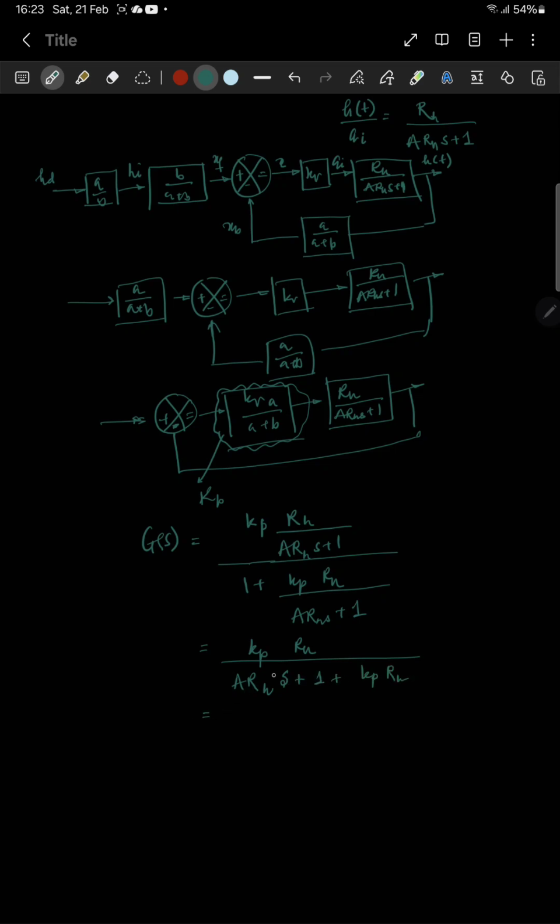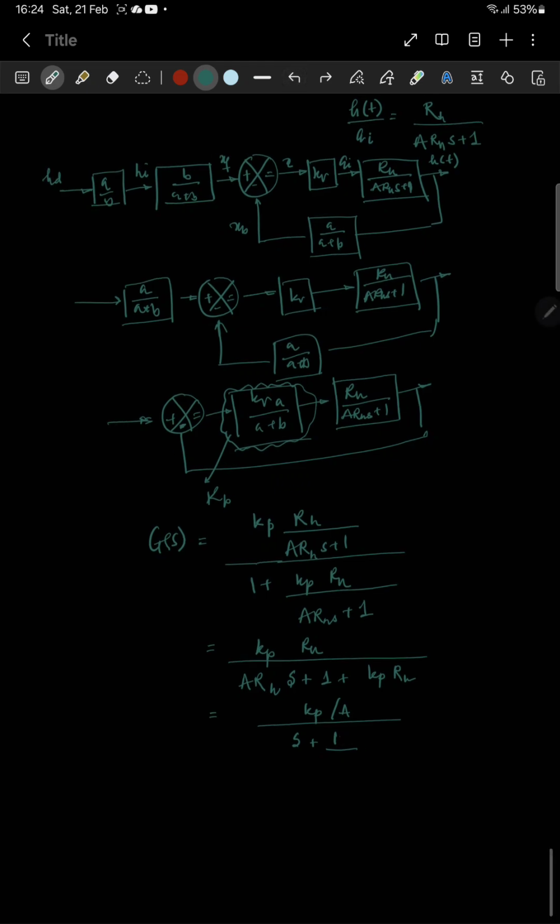Okay, now if we divide the whole thing by Rh, we have Kp by A divided by s plus 1 by A Rh over 1 plus Kp by Rh, divided by A Rh.